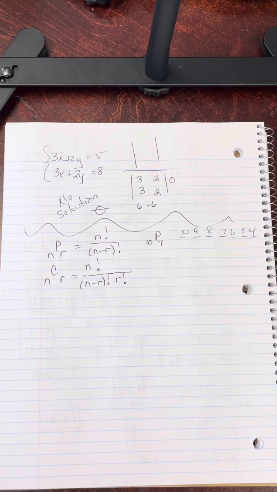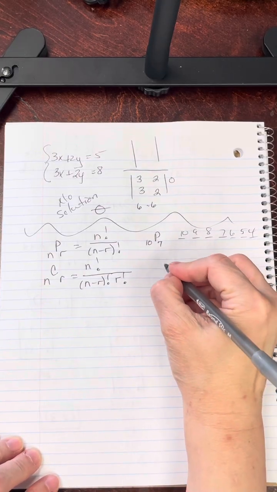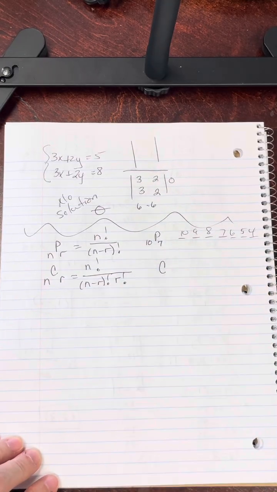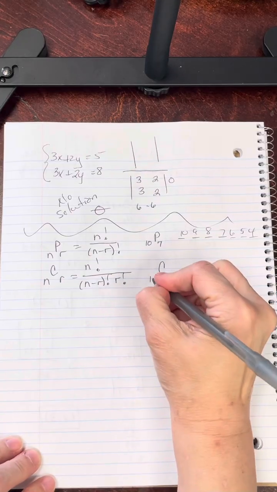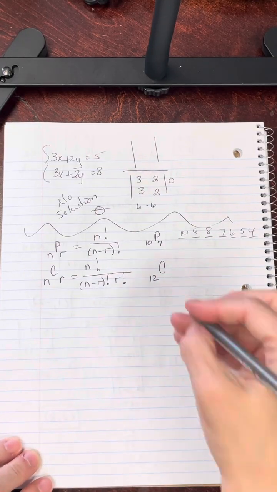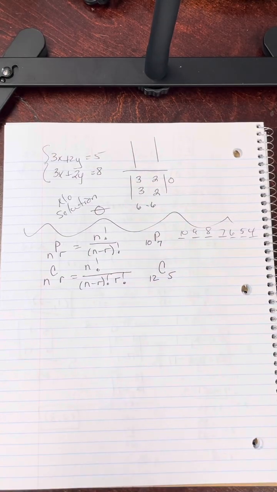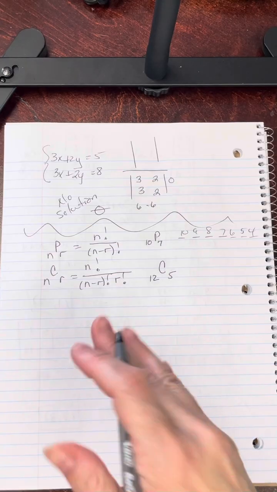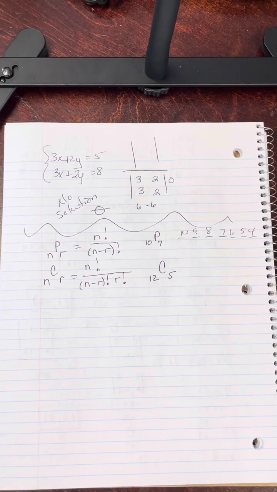In how many ways can a committee of 5 students be selected from a group of 12 students? All right, so I have 12 students to choose from, and it says I'm choosing 5. Now I do stop to consider, is this combination or is this permutation? Since it's combination lesson, I just went ahead and put the C, but let's think our way through that.